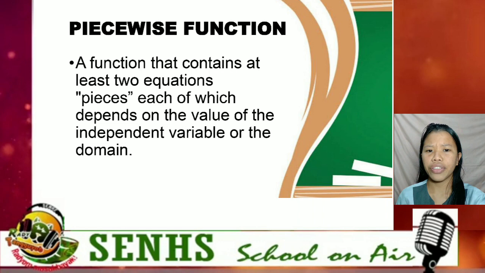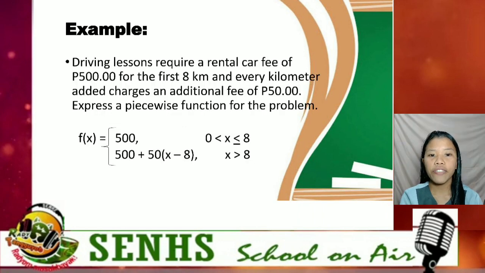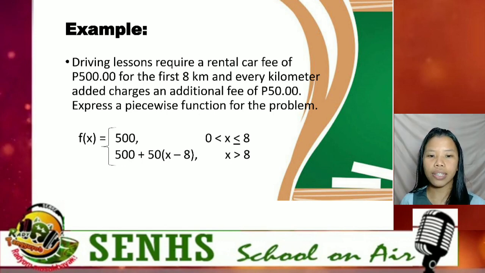So let us try this example. Driving lessons require a rental car fee of 500 pesos for the first 8 kilometers, and every kilometer added charges an additional fee of 50 pesos. Express a piecewise function for the problem. Let us try to understand this example. A 500 pesos car fee is given for the first 8 kilometers, and that makes our first equation f(x) = 500, where the car traveled from 0 to 8 kilometers only.